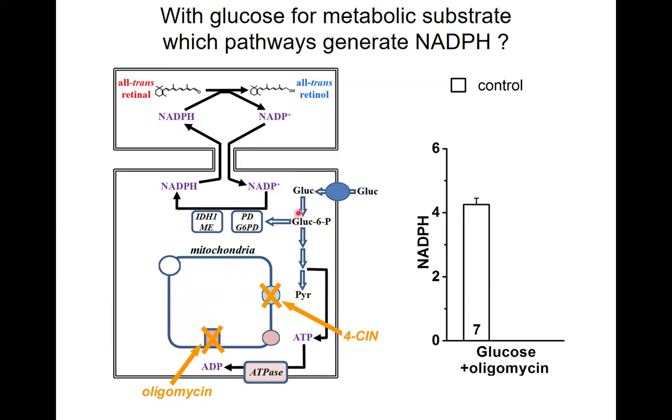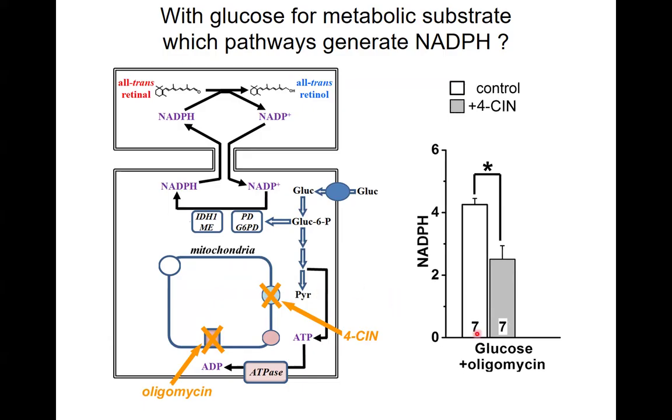Because we're using glucose as a substrate, we do not get pyruvate. So what you get here is a reduction. The interpretation is that it was using mitochondrial linked pathways to make NADPH. At face value, maybe there are caveats here, but at least this has been an interpretation.